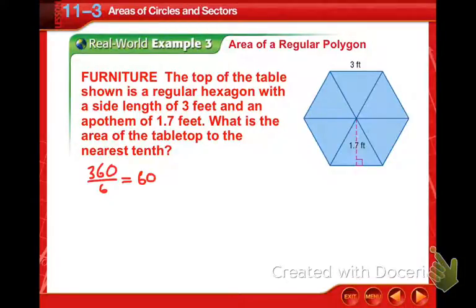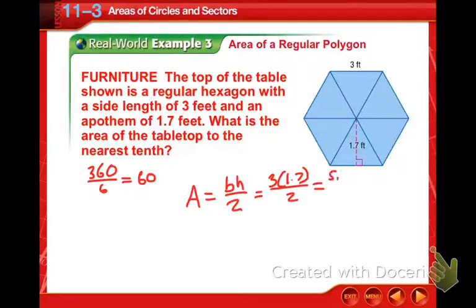So if we find the area of one of those, remember, area of a triangle is base times height divided by 2, or 1/2 base times height. Either way works. Our apothem of this triangle is 1.7 feet, and that's our height of our triangle. So the base is 3 times 1.7 divided by 2.